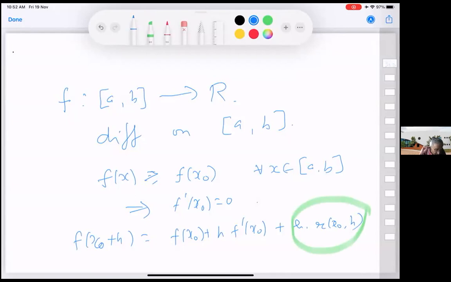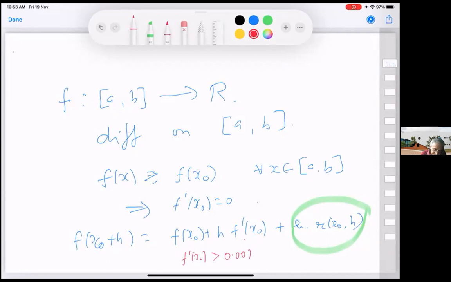So if f(x0 + h) is greater than or equal to f(x0) and f dash x0 is not 0, suppose f dash x0 is, doesn't matter how small, suppose it is bigger than 0.0001. Then what we argue is that as h becomes suitably small, this R(x0, h) will go to 0.